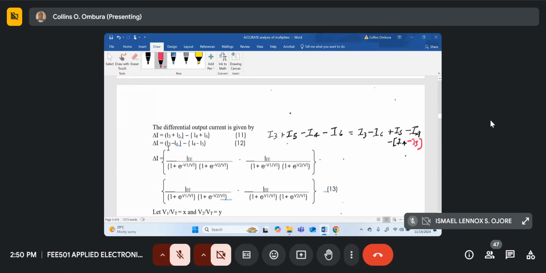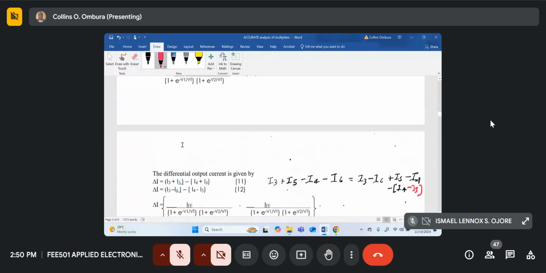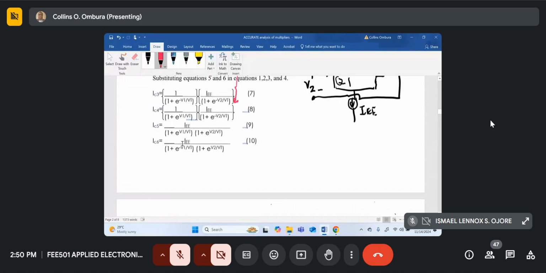Now, what is I3? Just remember that once we get the differential current, we can get the output voltage, because differential current times the resistance RL gives us the output. So let's substitute for I3, I6, I4, I5 from the equations we just derived. I3 is our equation 7 over here.